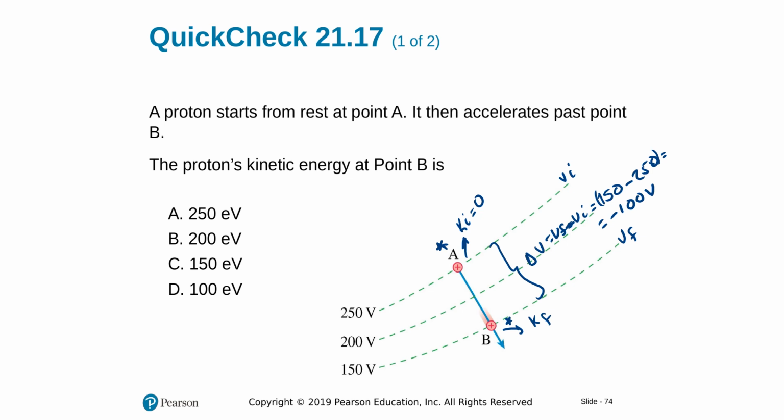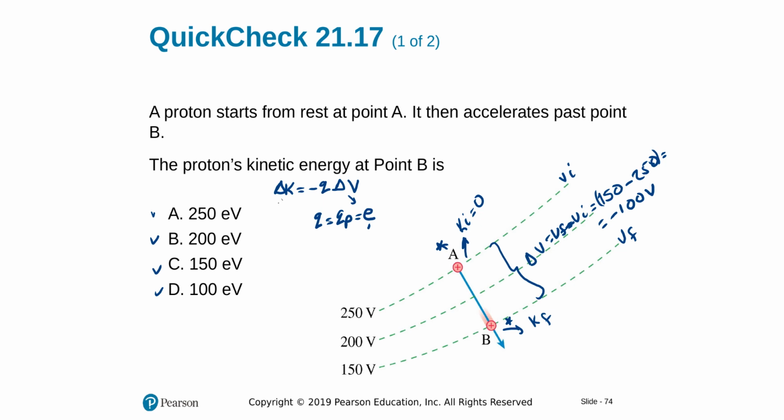What do I remember? Delta K is equal to minus Q delta V. Notice here that the energy is given in eV, so I'm going to take my Q as the charge of the proton, and it's equal to e. Then I'm going to take volt as V, and I'm going to get the energy as eV.